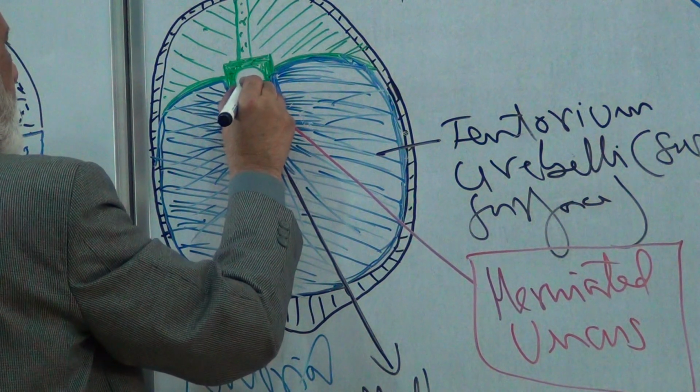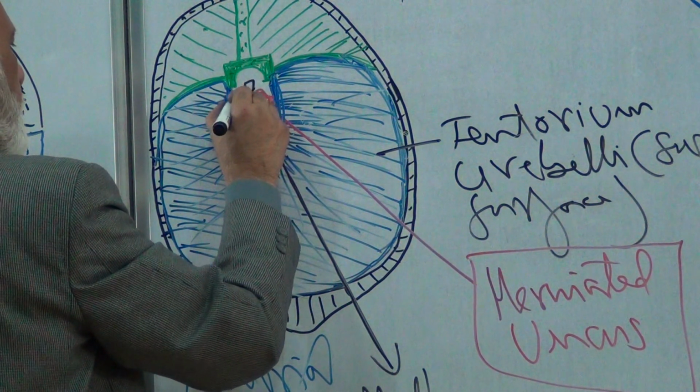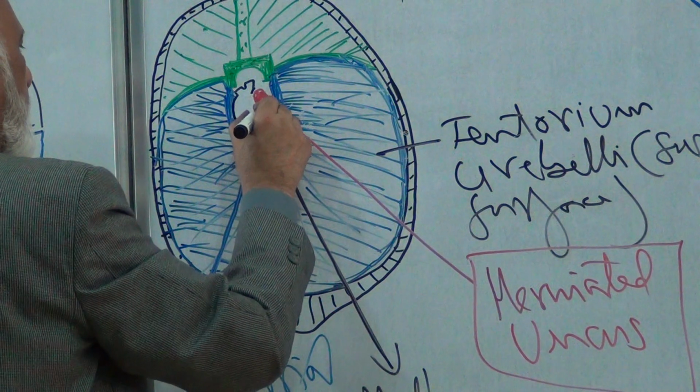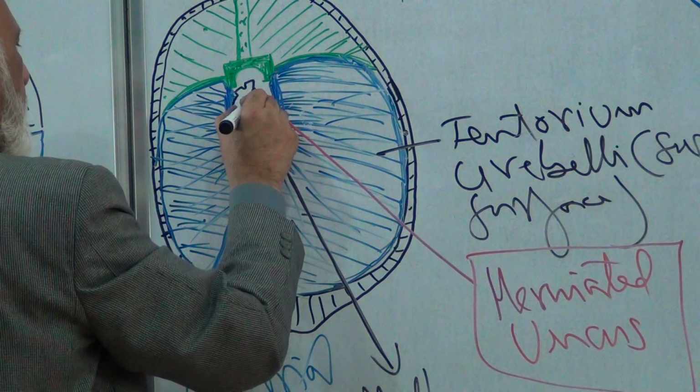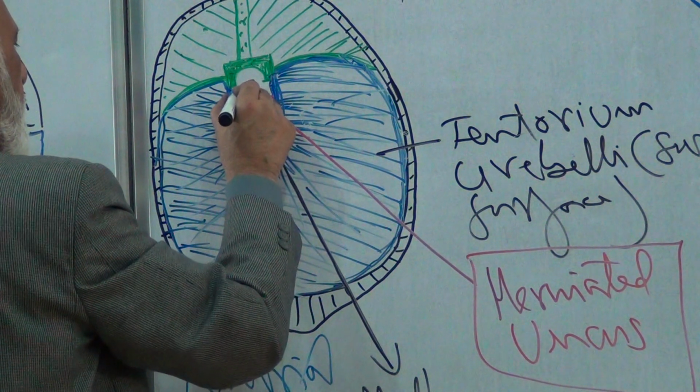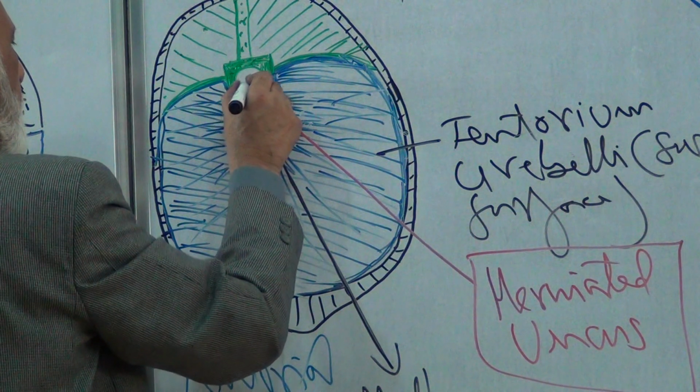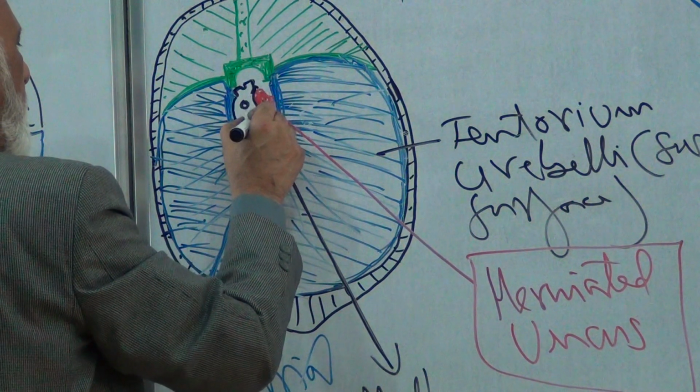Now this is the midbrain, which is compressed by the uncus.